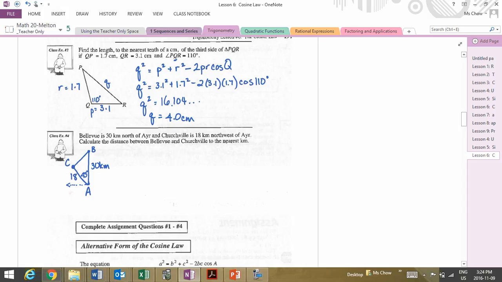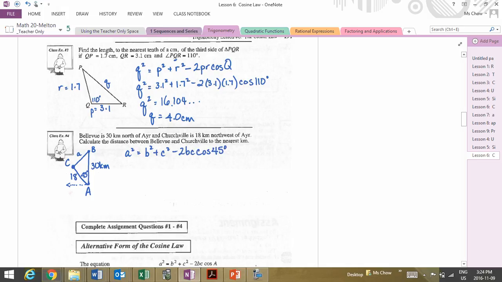So they're looking for the distance between Bellevue and Churchville, which is length a. And so because we have side, angle, side, we know that we need to use the cosine law. So then again, a squared is equal to b squared plus c squared minus 2bc cosine of 45 degrees.